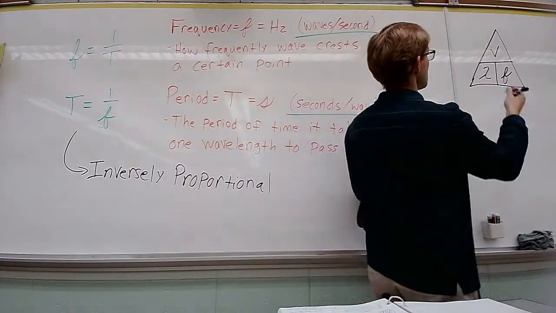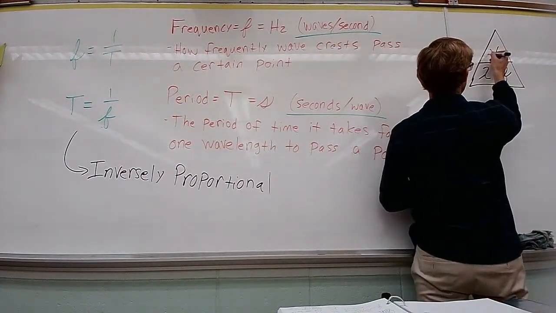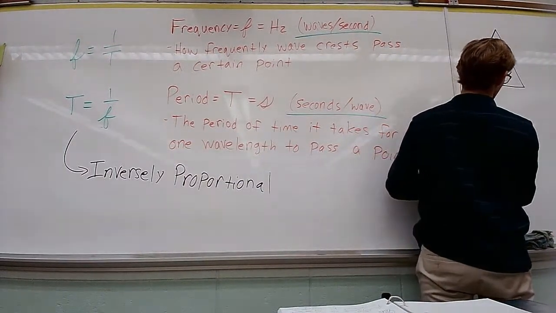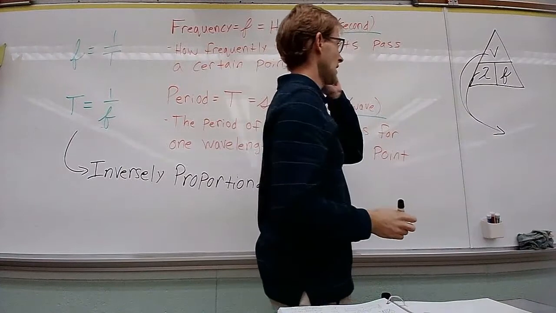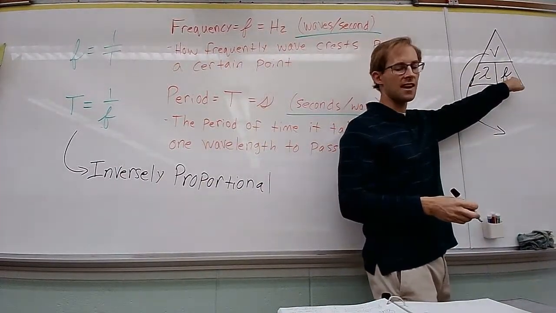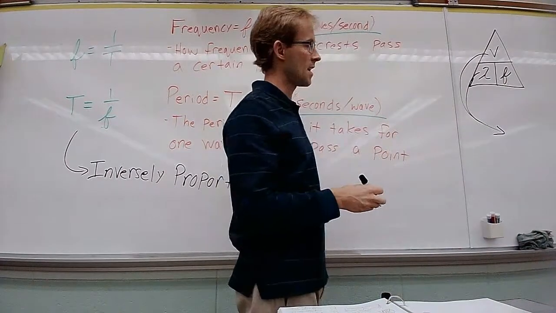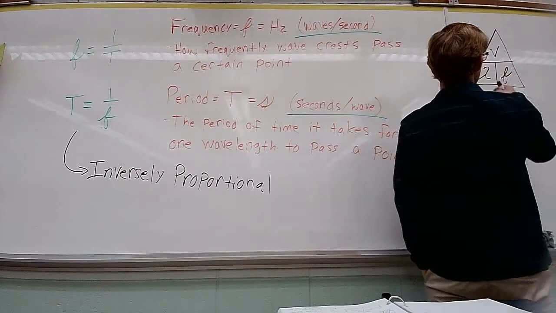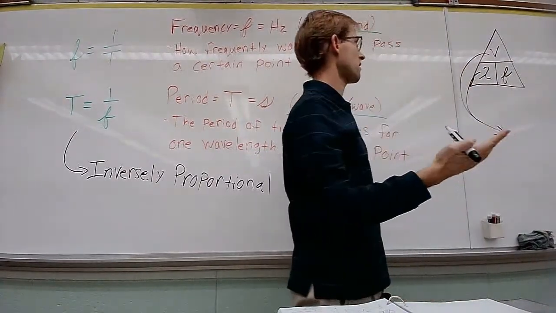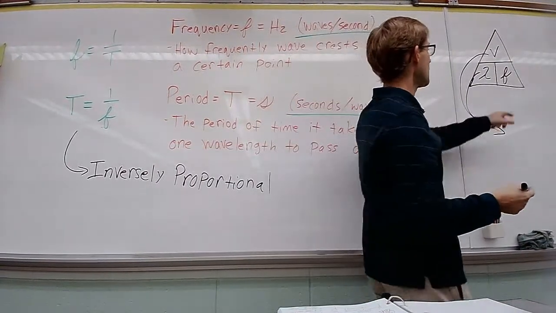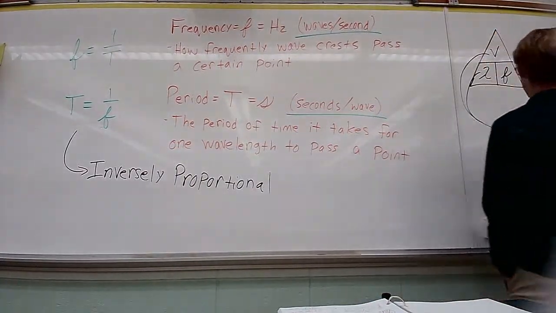Now, if I would take this velocity and this wavelength, and say that the frequency is going to stay the same, if the frequency remains the same and I change one of these two things, the other one has to change in the same way.